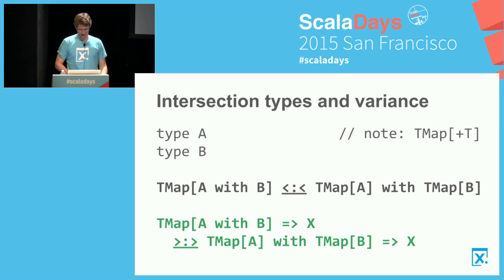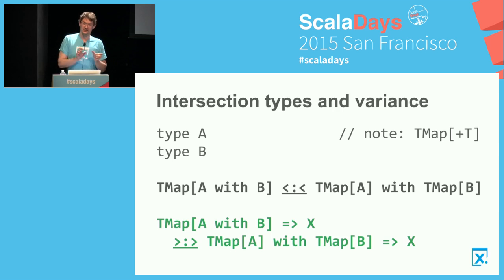As it turns out, if TMap is covariant, which it is in our case, then TMap of A with B is a subtype in Scala of TMap of A with TMap of B. Presumably because TMap of A with B is a subtype of TMap of A, and TMap of A with B is a subtype of TMap of B. So yeah, it's a subtype of the two together.